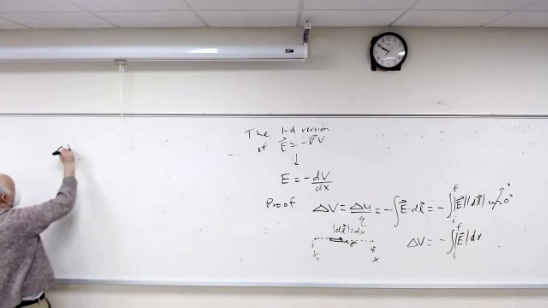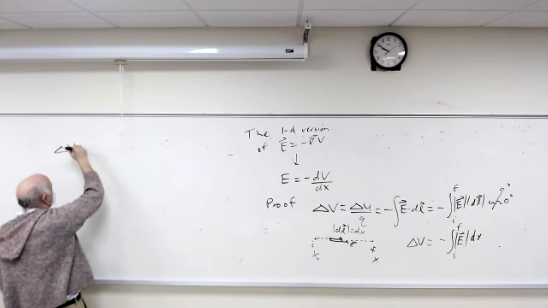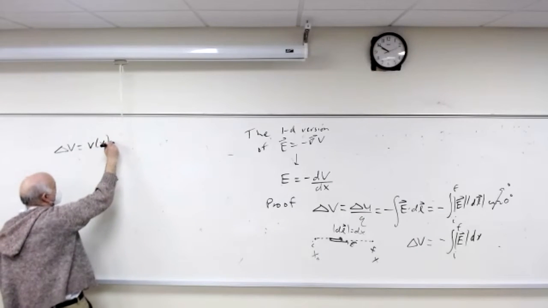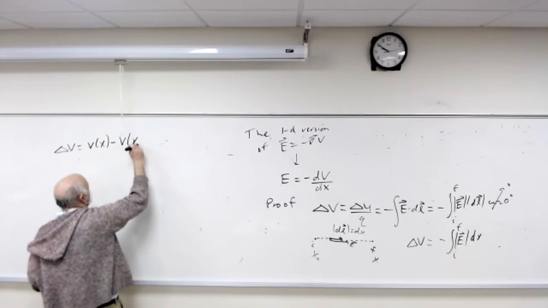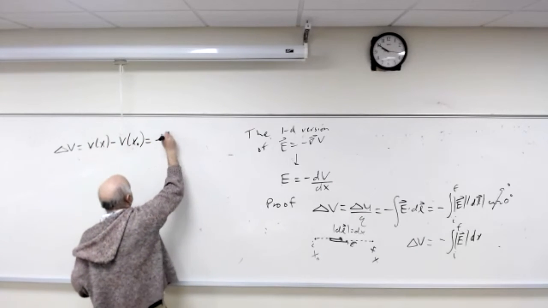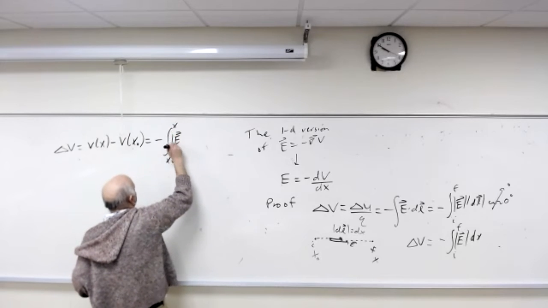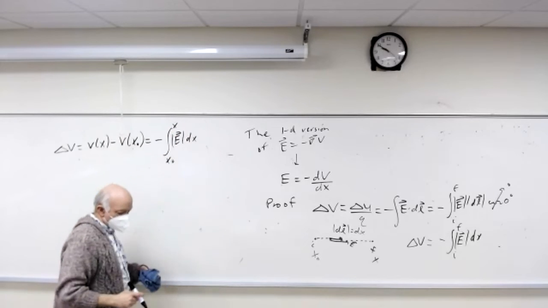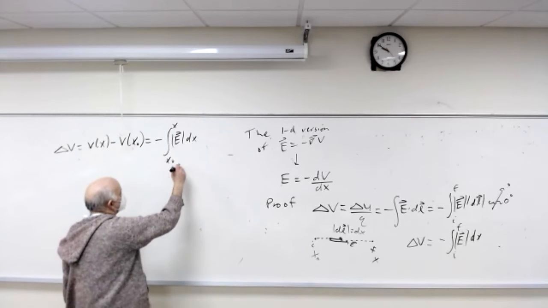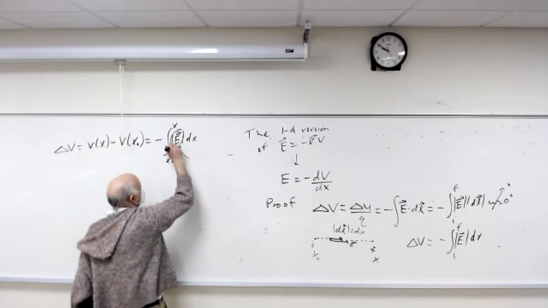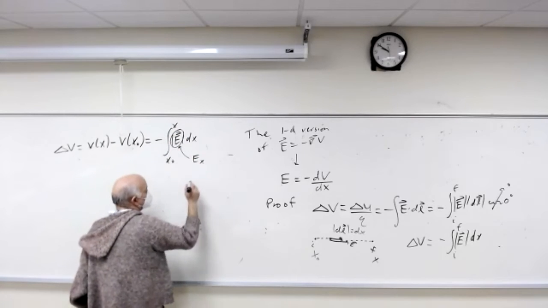So delta V equals V at x minus V at x naught, equals minus the integral from x naught to x of E dx.